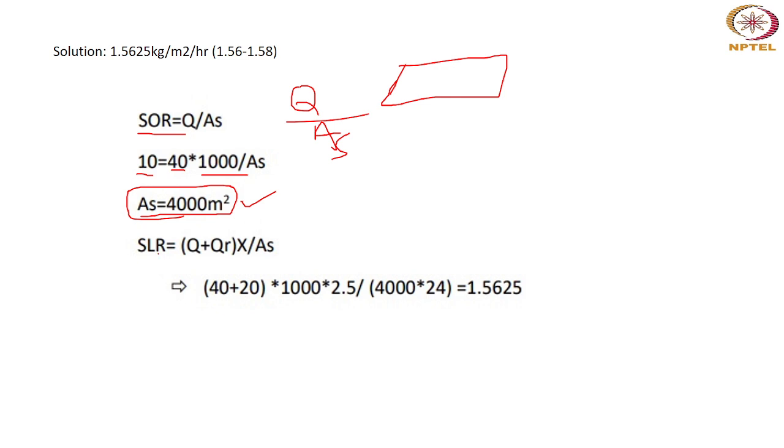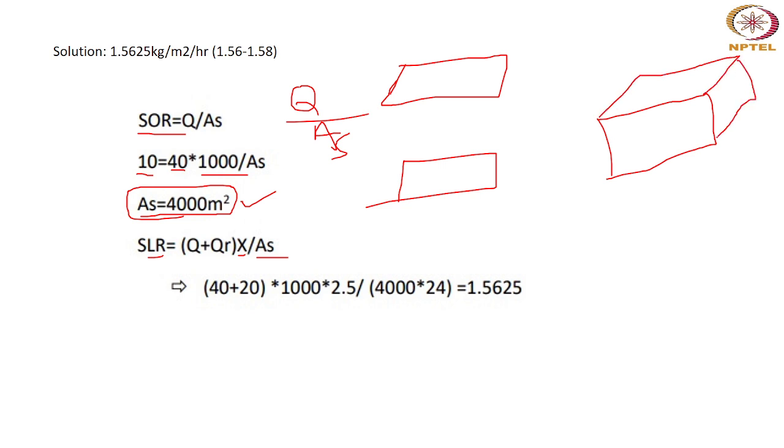And this is the solids loading rate, which is nothing but Q plus QR, whatever is coming, multiplied by X and divided by the surface area. So whatever load of the MLSS is coming inside, suppose this is my tank or activator slash reactor, this is my surface area, or the 3D picture.